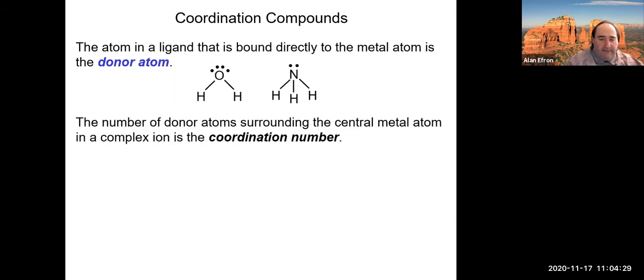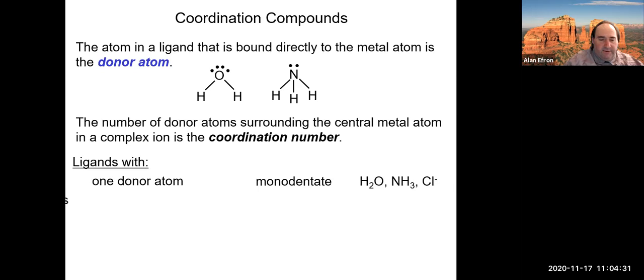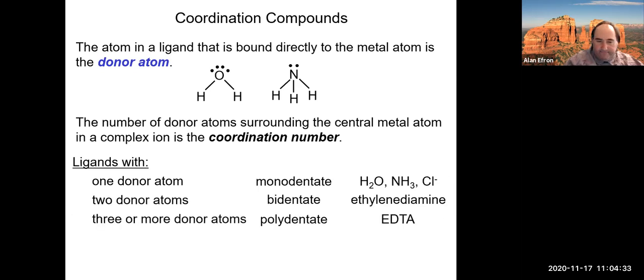So let's talk about exactly what that is. Our coordination number is how many atoms are directly attached to that metal. In the case of water, it is only the oxygen that will attach to the metal. In the case of NH3, it's only the nitrogen that will attach to the metal.